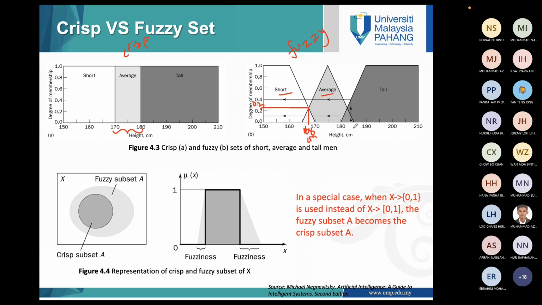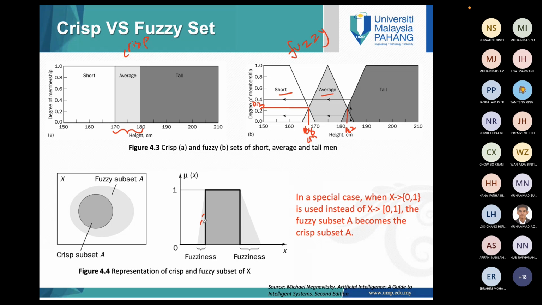Let's see another example. Here we have 182. He falls between the average and the tall. For the fuzzy set, there is wiggle room.